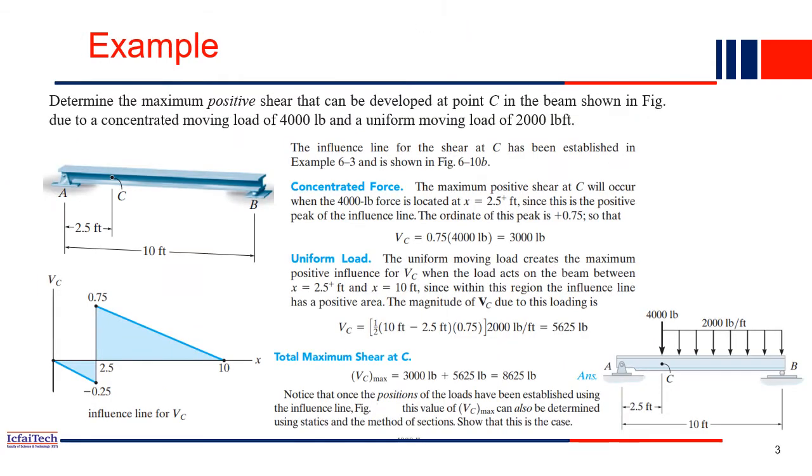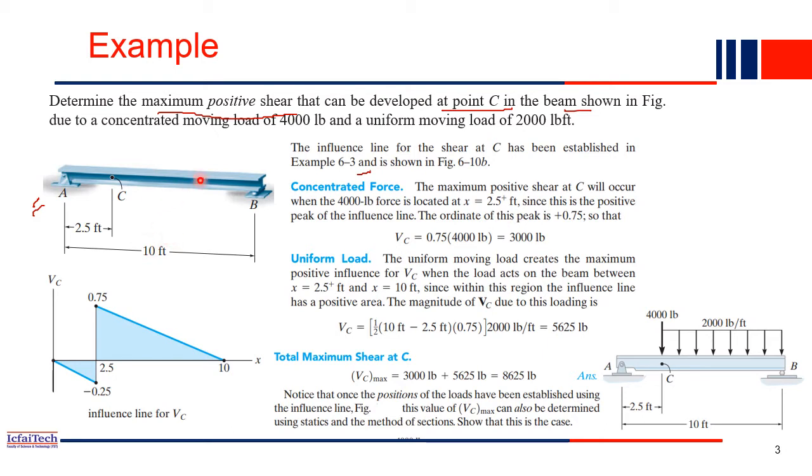So let's solve a quick example, then the entire thing will be clear to you. The question is: determine the maximum positive shear that can develop at point C in the beam shown in the figure. This is a simply supported beam, that means one side is a hinge and the other side is a roller.